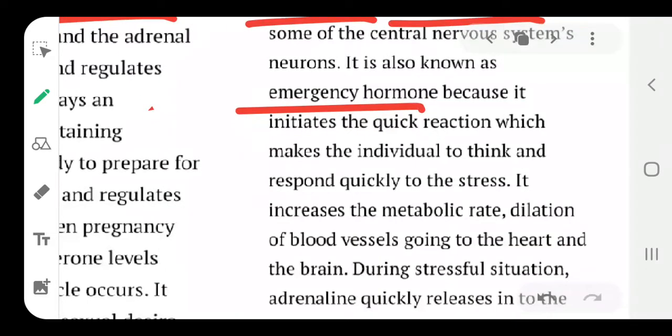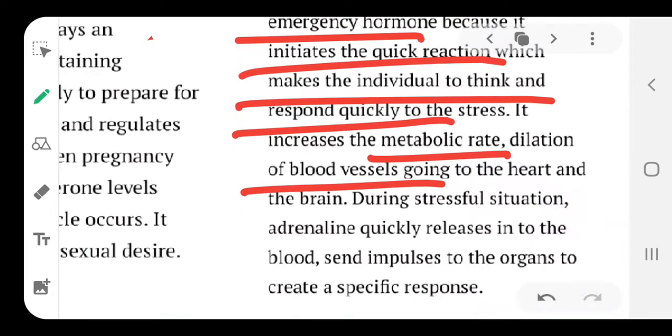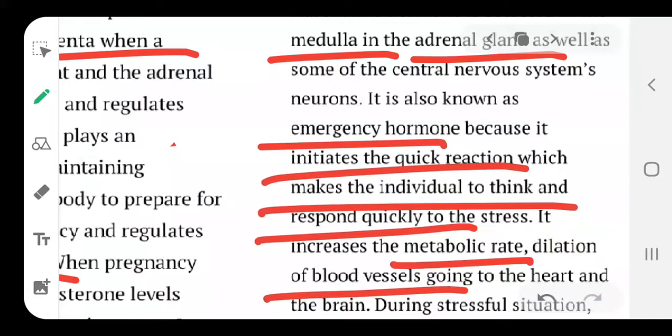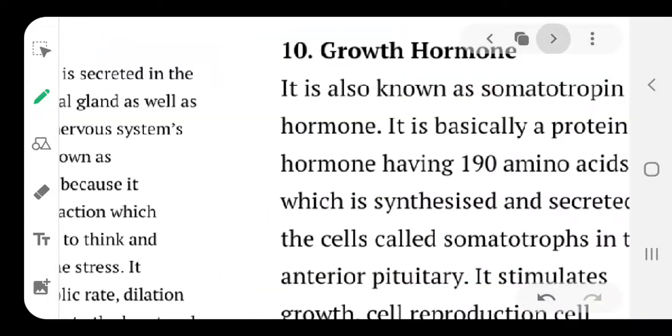Why is it called so? Sometimes we ask you, because it initiates a quick reaction which makes the individual think and respond quickly. It increases the metabolic rate, dilates the blood vessels, and during stressful conditions it is released into the bloodstream, and hence we act according to the emergency conditions. So we call it the emergency hormone also.